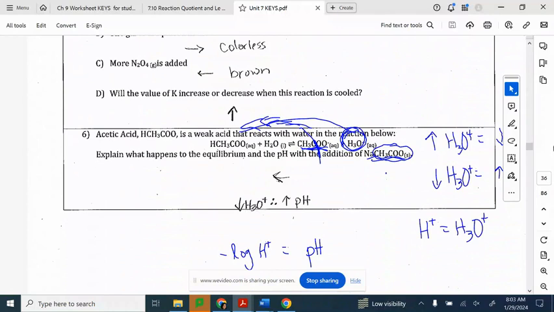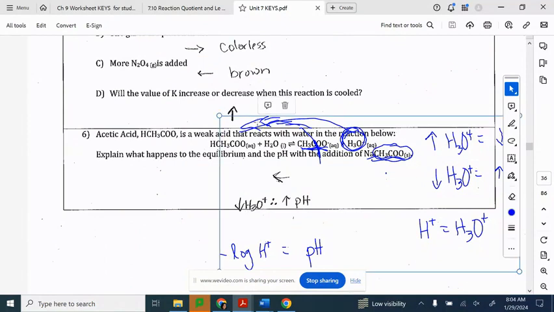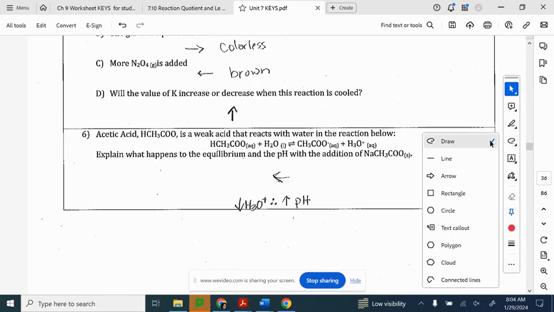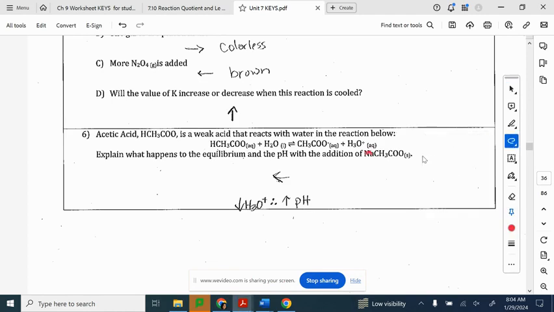Okay, so we've got acetic acid, right? And a whole bunch of stuff going on here. Let me see if I can get rid of all that. All right, so what happens with the addition of this guy? If we add this in, remember that sodium is always soluble, right? So that means this is going to exist as the acetate ion.